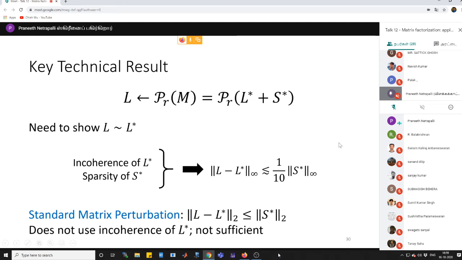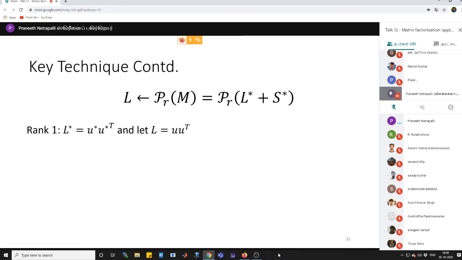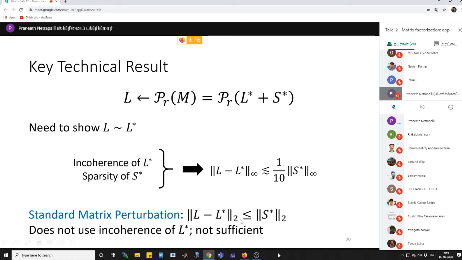Okay? If you apply standard matrix perturbation inequalities like Davis-Kahan, all you will be able to show is that the operator norm of L minus L star is at most the operator norm of S star. But it turns out this is not at all sufficient, both because it is in terms of the L2 norm, and also because you have a constant 1 here, whereas you want a constant which is strictly less than 1 here, right?